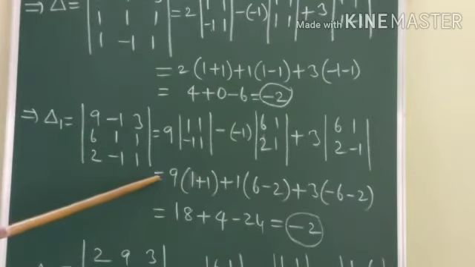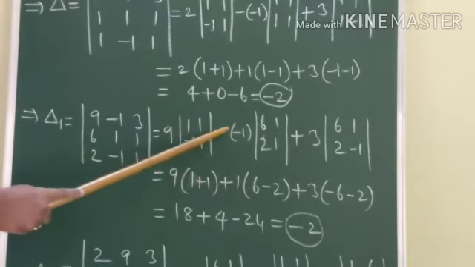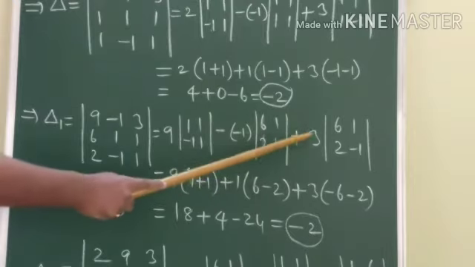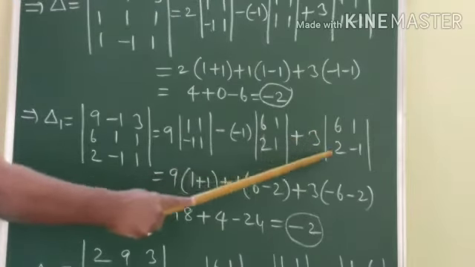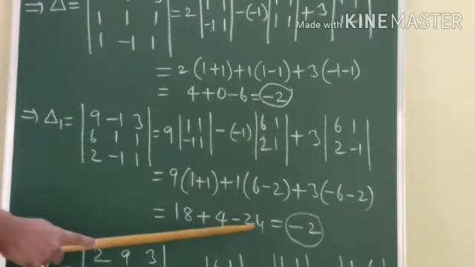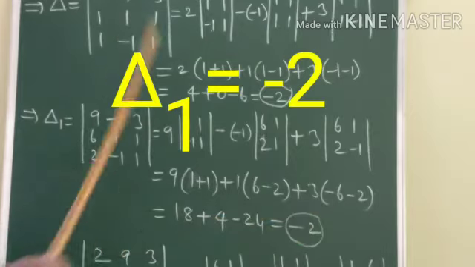By simplification, 9 into (1 plus 1) plus 1 into (6 minus 2) plus 3 into (minus 6 minus 2), that is 18 plus 4 minus 24, equal to minus 2. This is the value of delta 1.